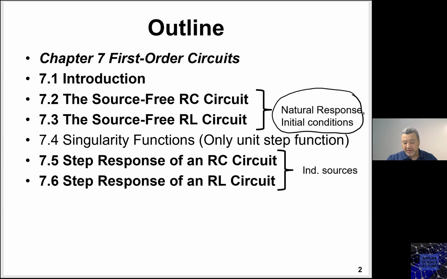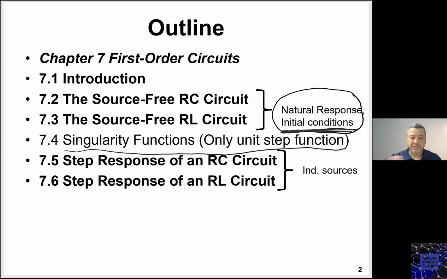As I said, the natural response depends on initial conditions that already exist in the capacitor or the inductor. Then we will introduce the unit step function, which defines the operation of a switch.